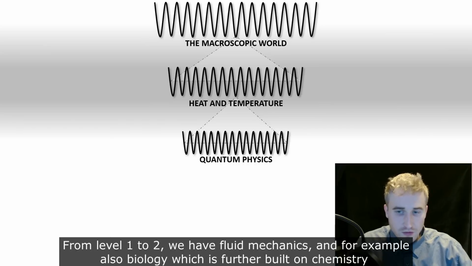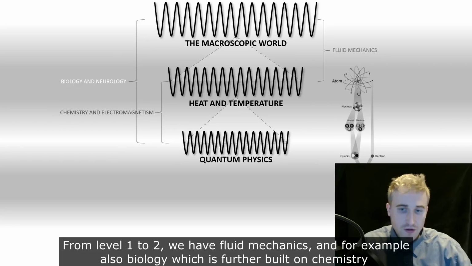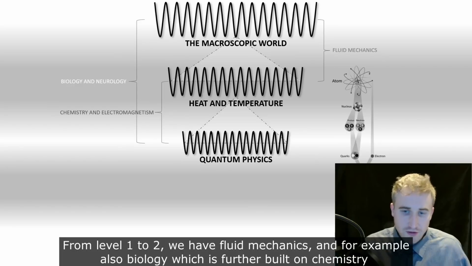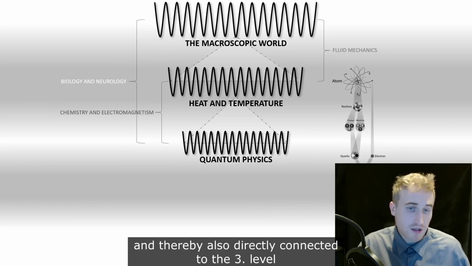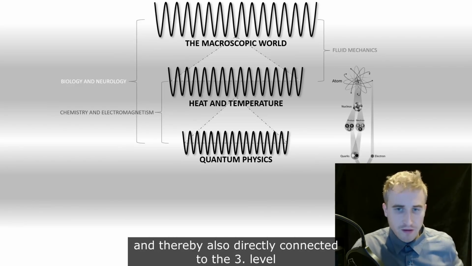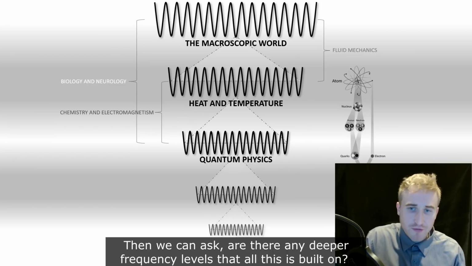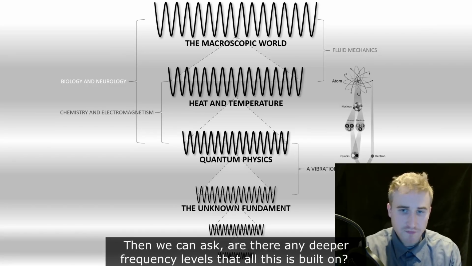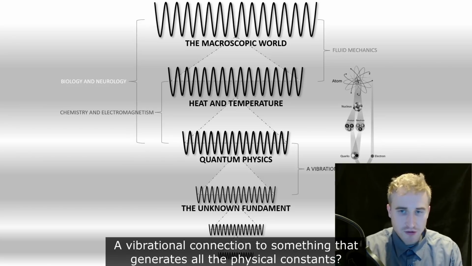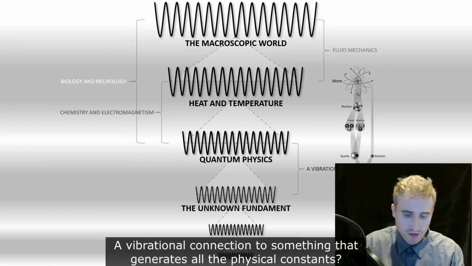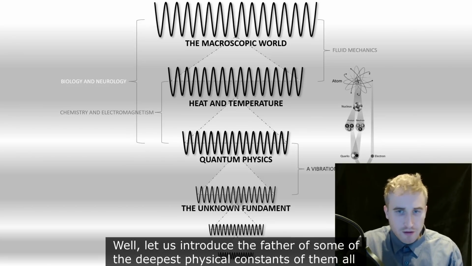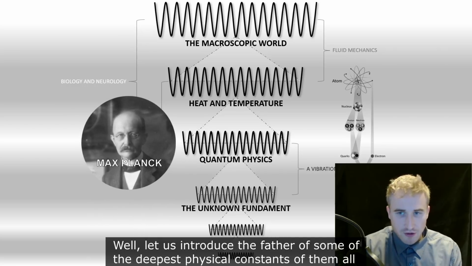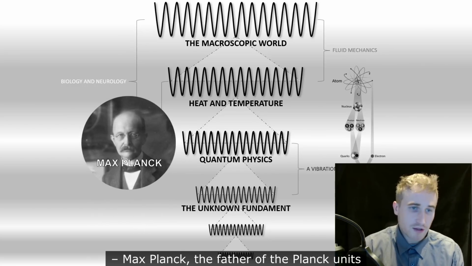From level 1 to 2 we have fluid mechanics and, for example, also biology, which is further built on chemistry and thereby also directly connected to the third level. Then we can ask, are there any deeper frequency levels that all this is built on? A vibrational connection to something that generates all the physical constants? Well, let us introduce the father of some of the deepest physical constants of them all, Max Planck, the father of the Planck units.